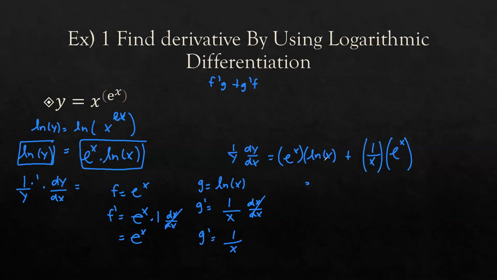On the right side, is there anything we can simplify, or is there anything we can take out? Yes, we can take out this e to the x. So let's factor out that e to the x. And then you have ln of x plus 1 over x. And the left side is 1 over y dy dx.